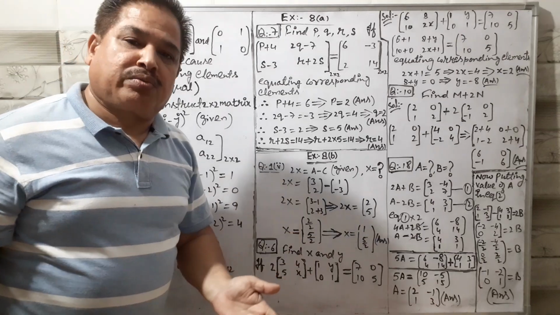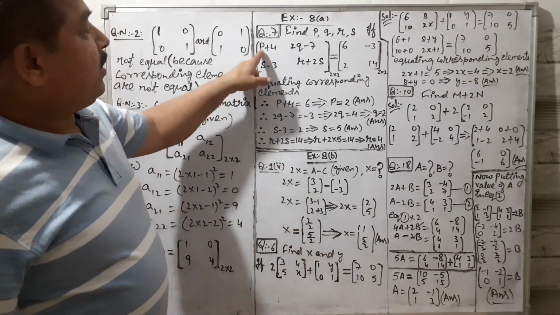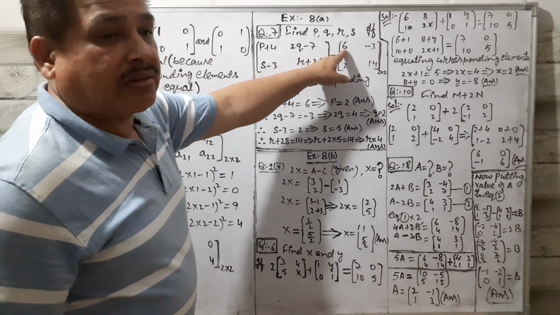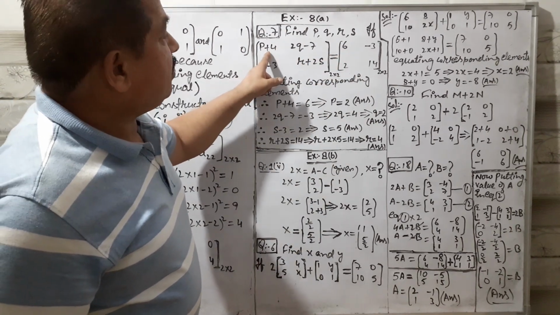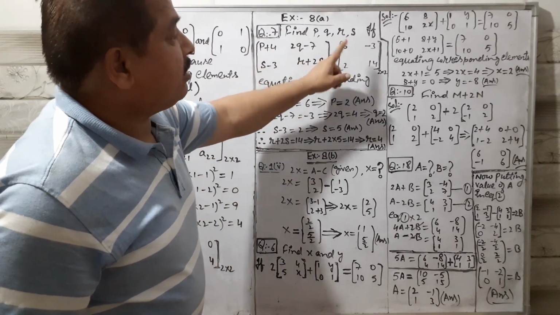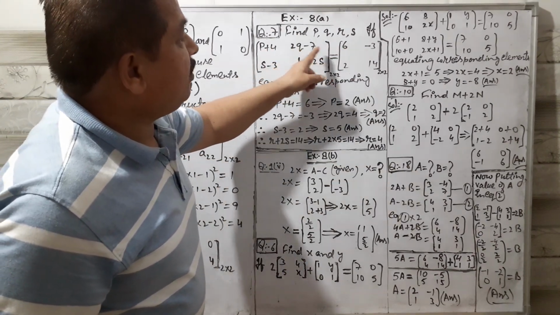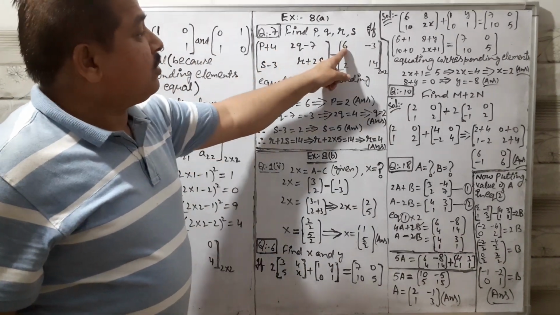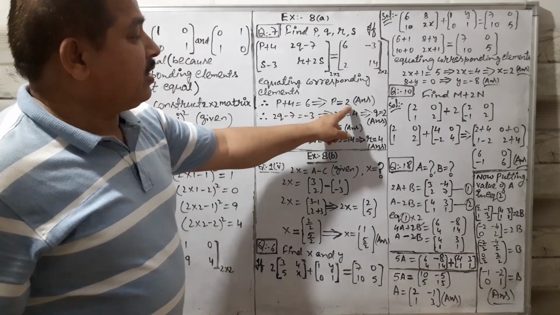Now equating corresponding elements. This is P plus 4, and what is the number here? 6. So both the numbers are on the same place. So we will equate P plus 4 with 6. Similarly, 2Q minus 7 with minus 3. Now just look here. P plus 4 equals 6, so P will come 2.